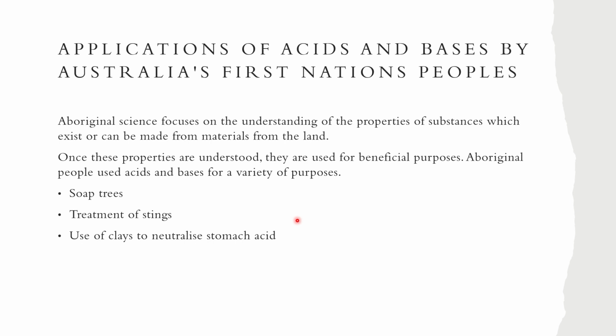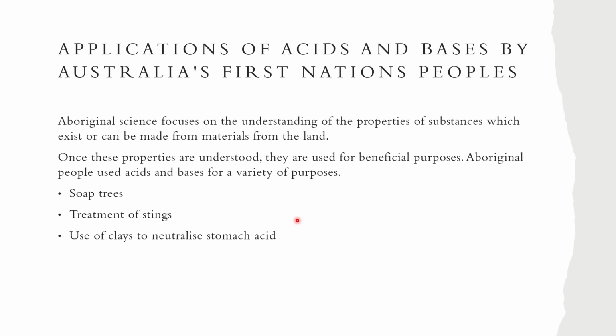In particular, something like a soap tree may have leaves, seeds, pods, which can be crushed and mixed with water, creating a lather, and literally can be used as a way of cleaning, forming essentially a soap. These soaps are usually quite basic and has been and still is an application of the land, an application of bases to suit particular purposes.